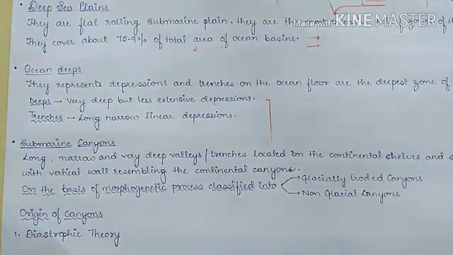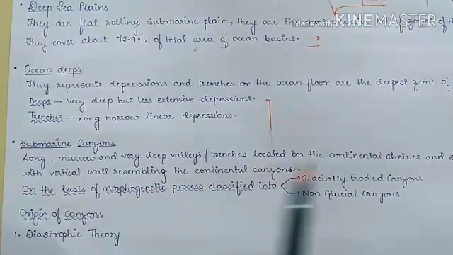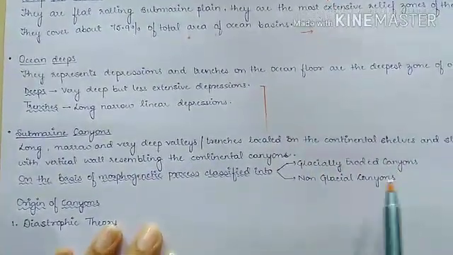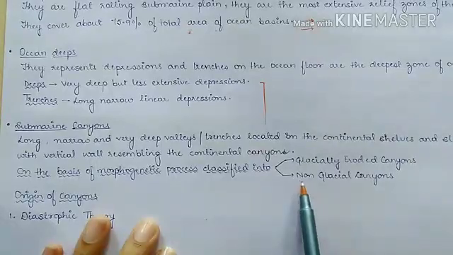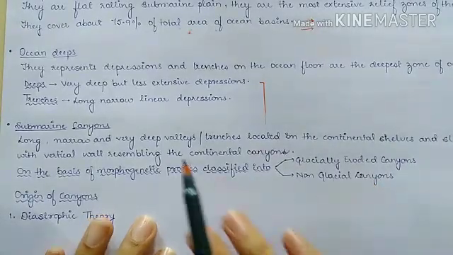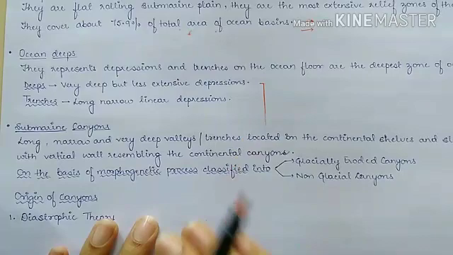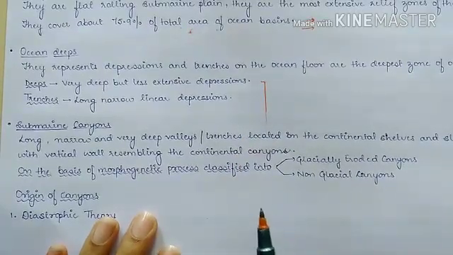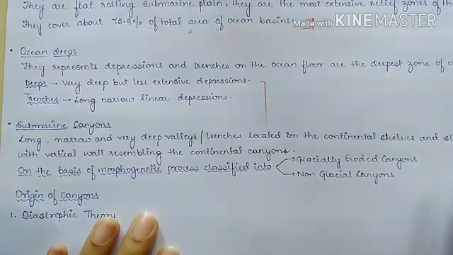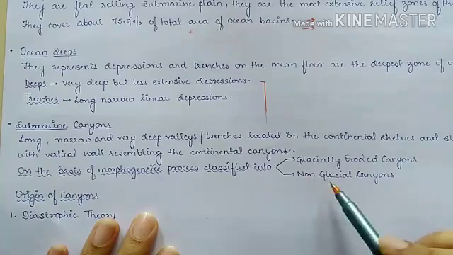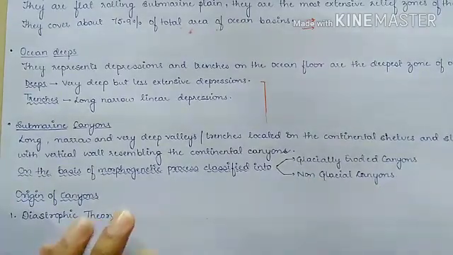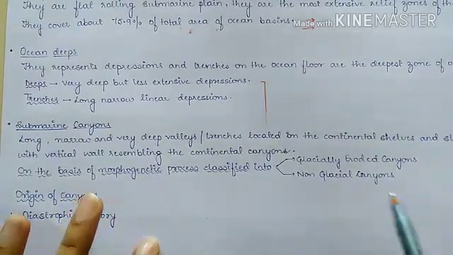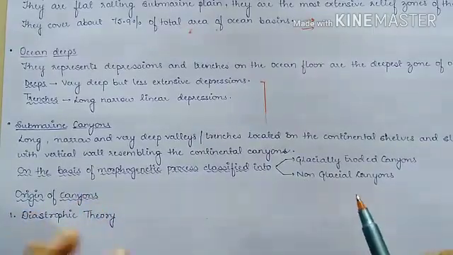On the basis of morphogenetic process, they are classified into two: first is glacially eroded canyons, and another one is non-glacial canyons. The non-glacial submarine canyons are more in number as compared to glacial canyons, and they are widespread all over the ocean, and hence they are studied in much more detail.